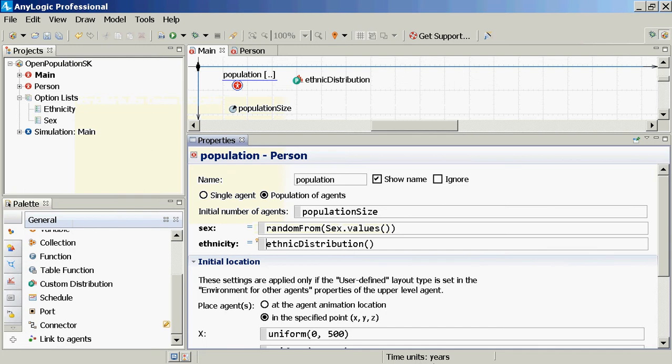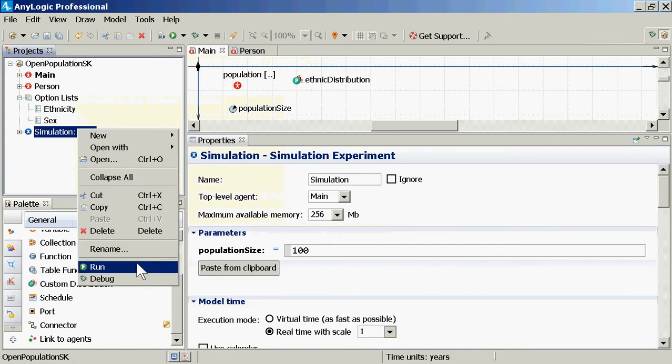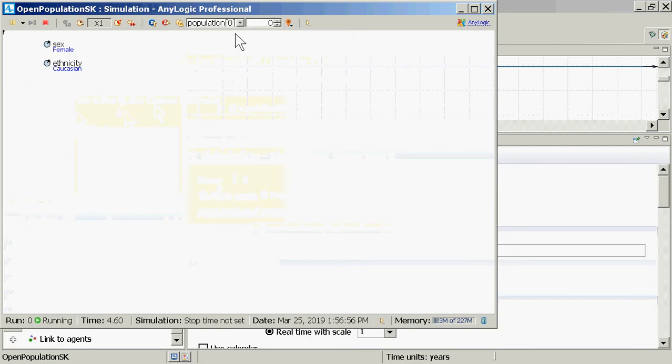Okay, so let's build. And now, ladies and gentlemen, let us run. And let us drill down into the population. Here's a female Caucasian. Here's a male First Nations person. Here's a male Maori, female First Nations, male ATSI member.